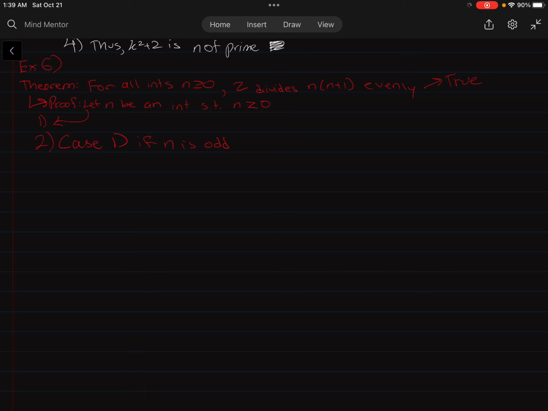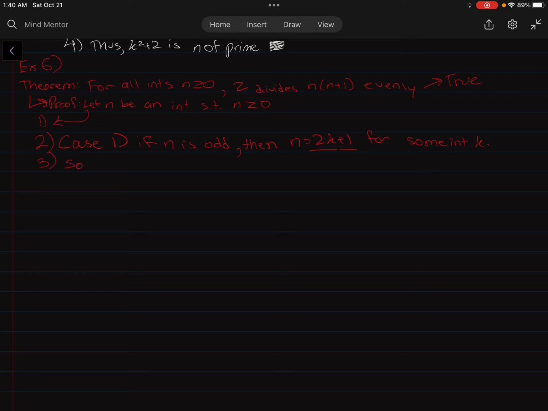So case 1, if n is odd, then n equals 2k plus 1 for some integer k, right? So obviously 2k is an even number, 2k plus 1 is an odd number. So obviously that is a statement that is true. 3.